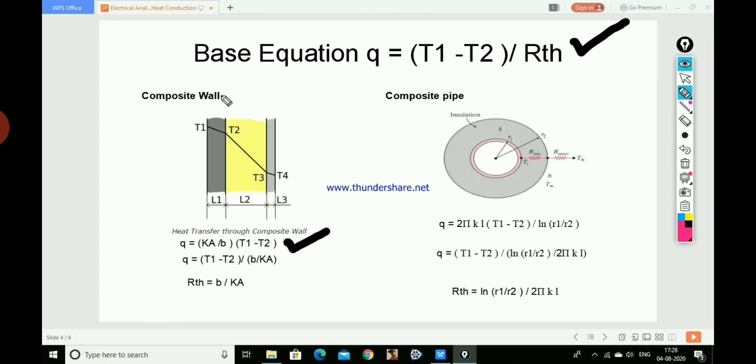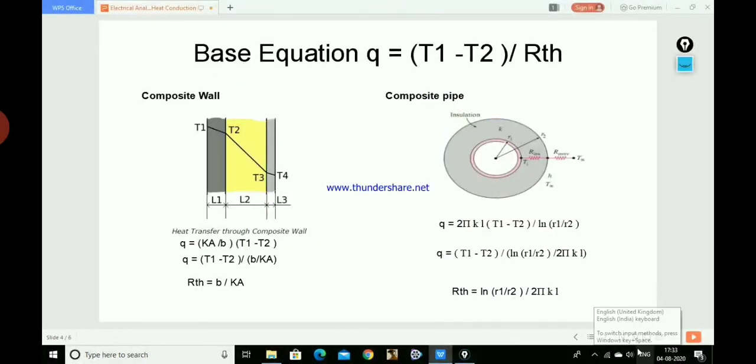So this is nothing but for a slab, RTH, the thermal resistance, equals B by K. Now, similarly for a composite pipe or infinite long hollow cylinder, we have Q equals 2 pi KL (T1 minus T2) divided by ln of R1 by R2.